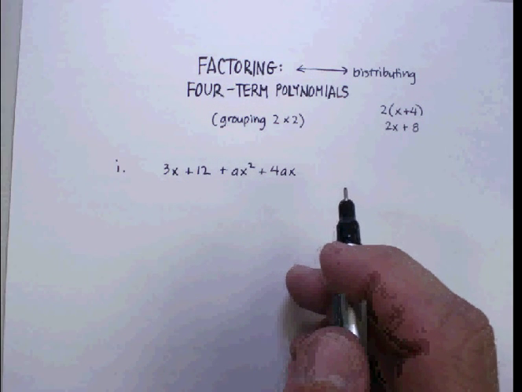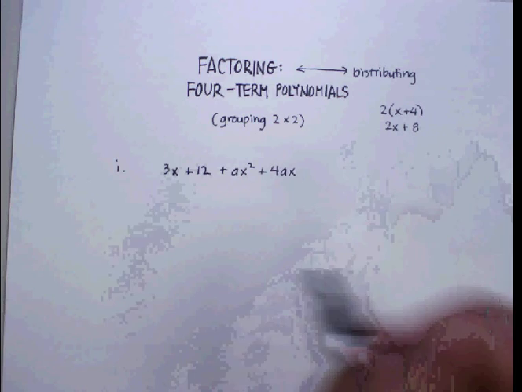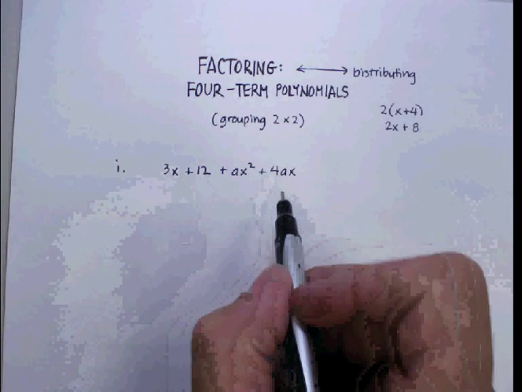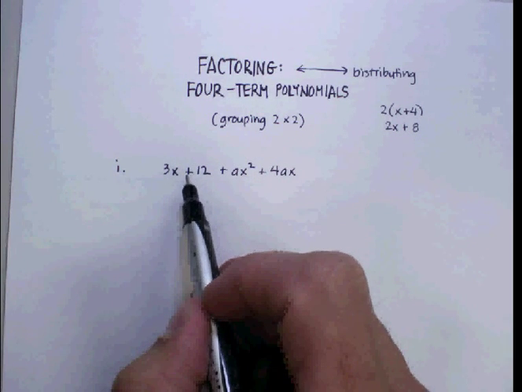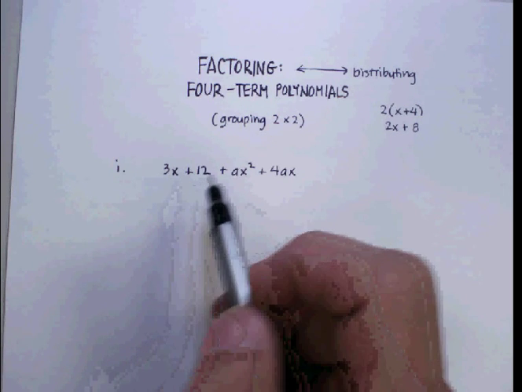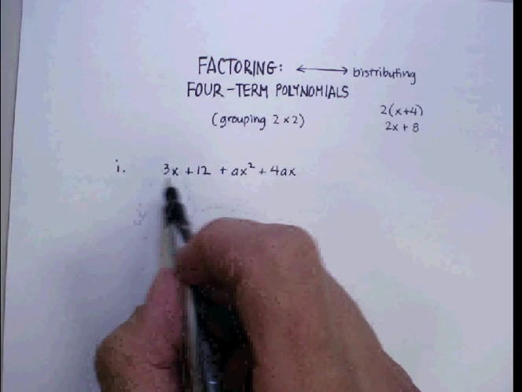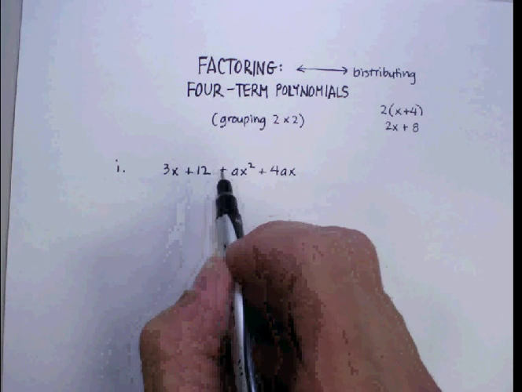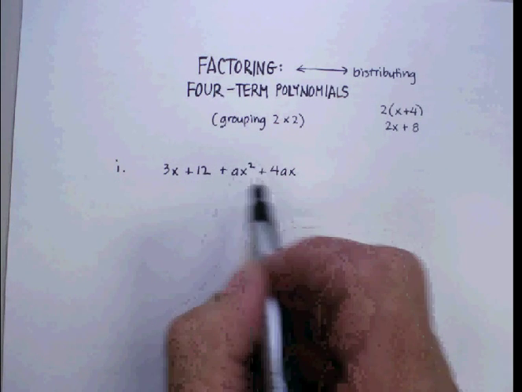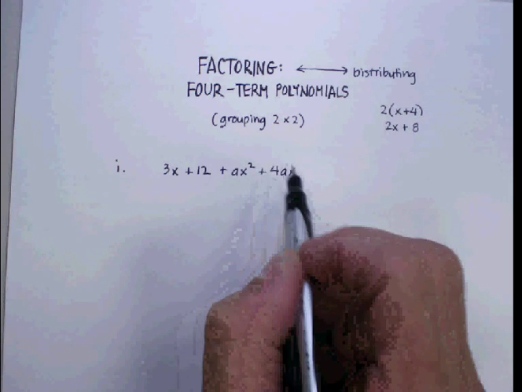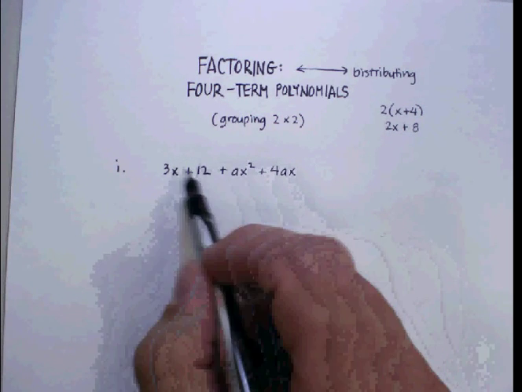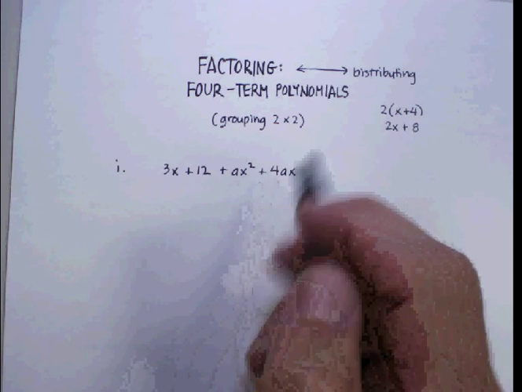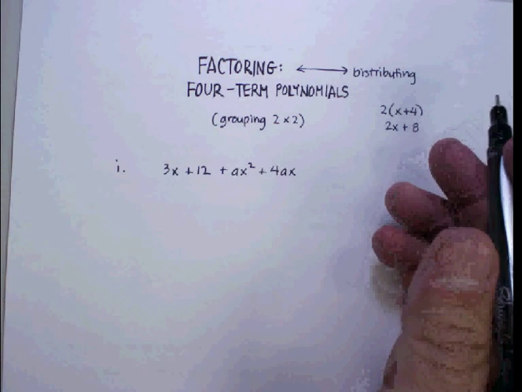Let's talk a little bit about what the terms are. Remember, polynomials are terms that are separated by additions and subtractions. So here is a term, 3 times x, plus 12 plus ax squared plus 4ax. 4 terms separated by additions and or subtractions.